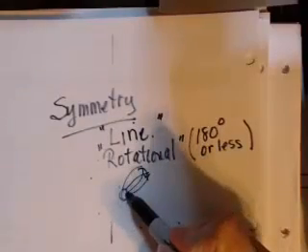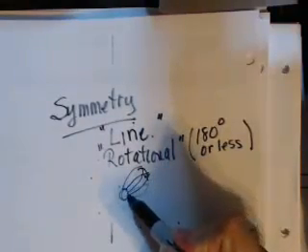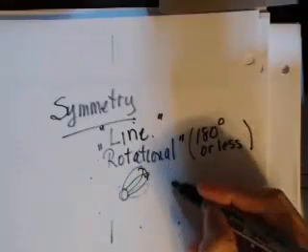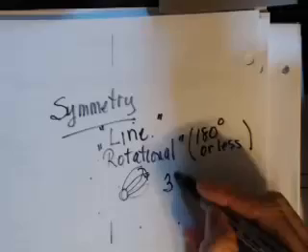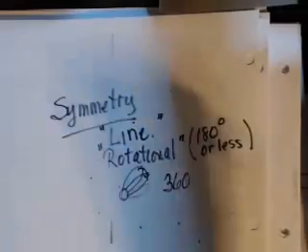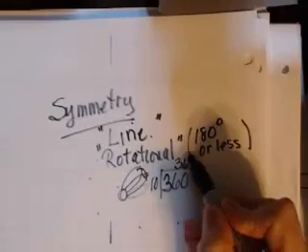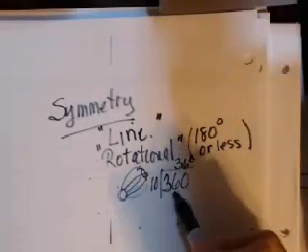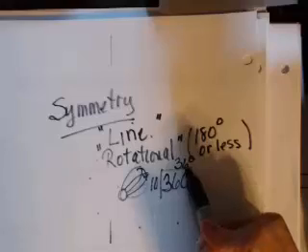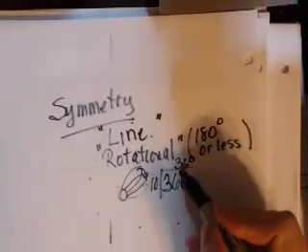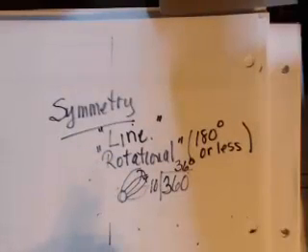So if this had 10 flowers, 10 petals, 360 degrees is a full turn, but if you had 10 petals, then this would have rotational symmetry of 36 degrees or 72 degrees or any multiple of 36.